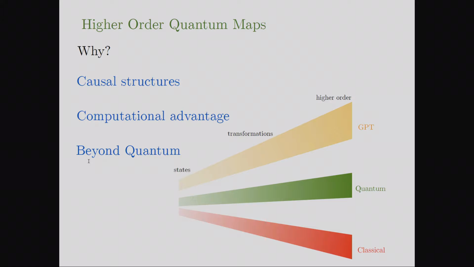And if your framework allows it, compare the higher order quantum theory with the higher order theory of a different theory, for example of classical theory, or other toy models, for example to do this game with Popescu-Rohrlich boxes, and compare them and learn more about the structure of quantum theory. So this is why one should be interested in this kind of objects.